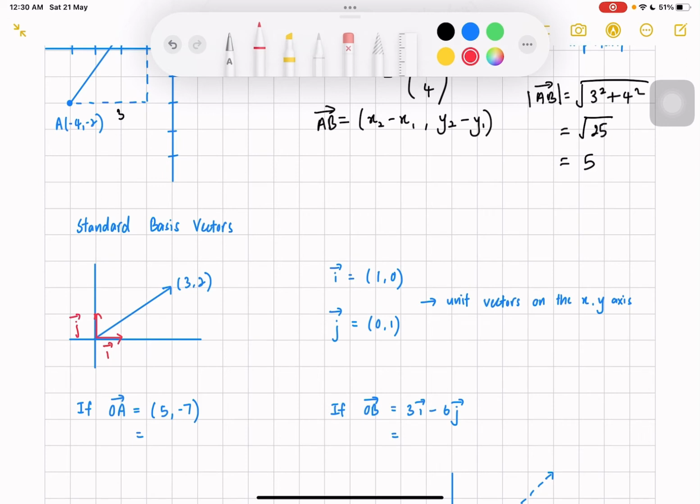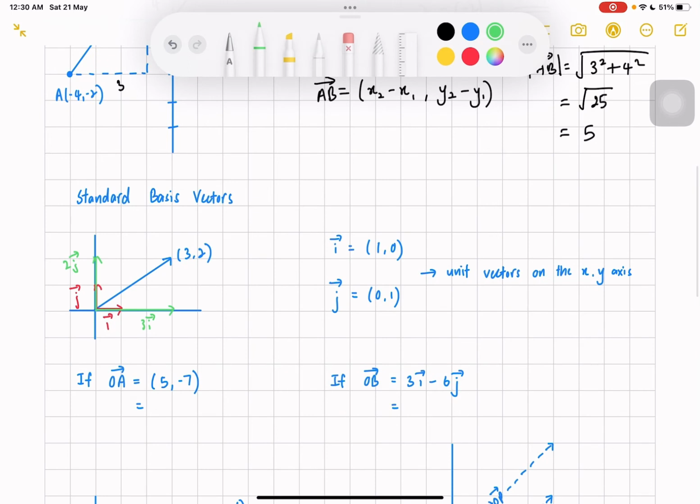So when we're talking about standard basis vectors and unit vectors, they're basically the same thing. So let's say we want to find 3 vector i's. 3 vector i's will be just over here, and 2 vector j's will be just right here. So the coordinate would be 3, 2, or the position vector would also be 3, 2.